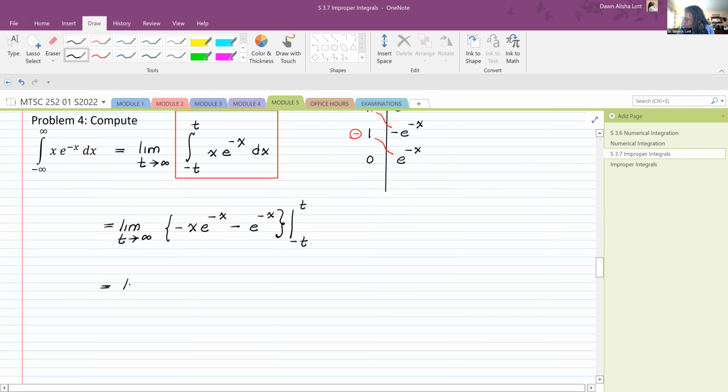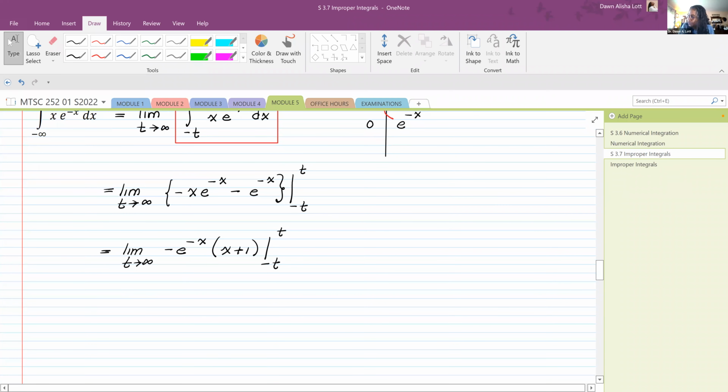All right, so this is the limit as t approaches infinity. So I'm going to factor out the e to the negative x and make this times x plus 1 evaluated from negative t to t.